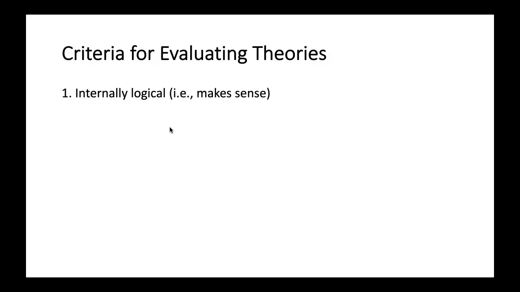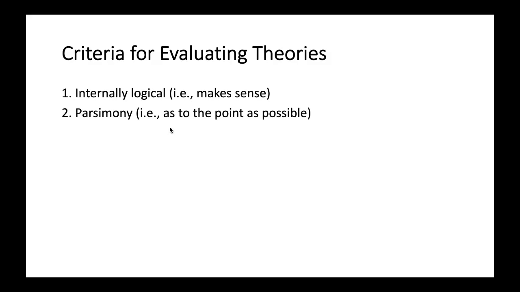If we don't intend to engage in behaviors, it's less likely that we will. There are obviously exceptions to that. But when we're thinking about the generalizability of something like the theory of planned behavior, which is also a criterion for a good theory that we'll talk about in a second, it's logical that intention leads to behavior. If you intend to recycle, you're more likely to recycle than someone who does not intend to recycle, right? So that makes sense.